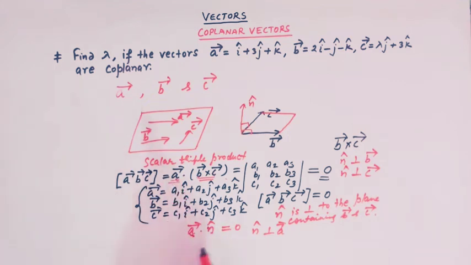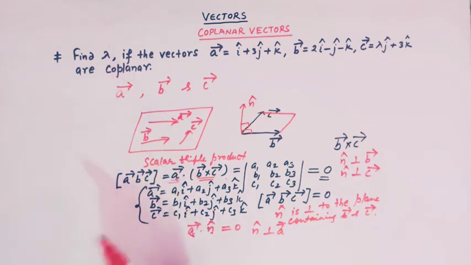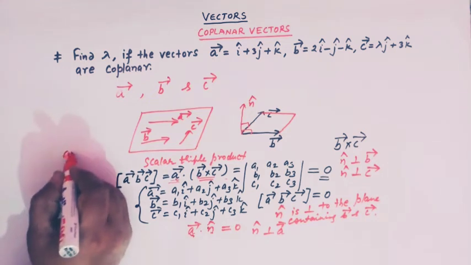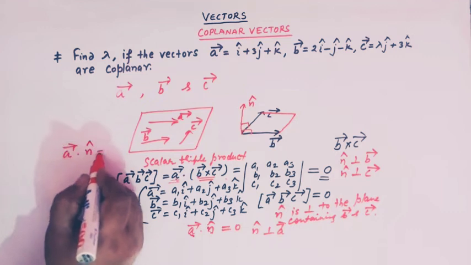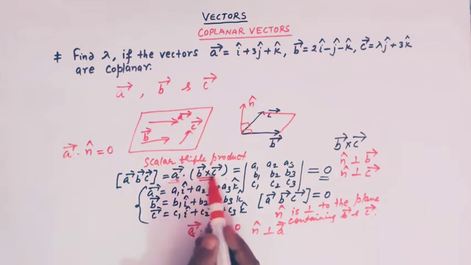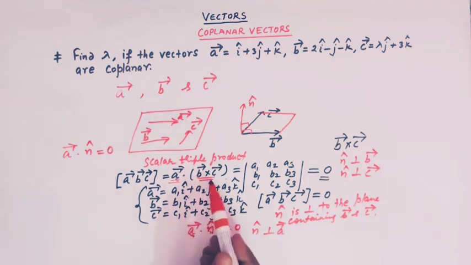So here we are saying that three vectors are coplanar if the scalar triple product is 0, and the scalar triple product would be 0 only when vector A dot n cap is equal to 0. For B cross C, we are just taking the direction, right?